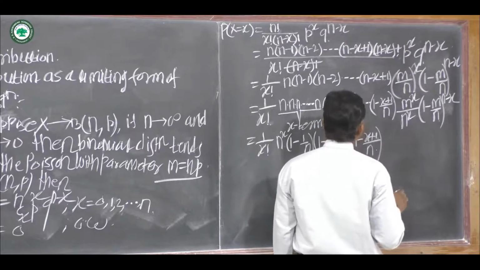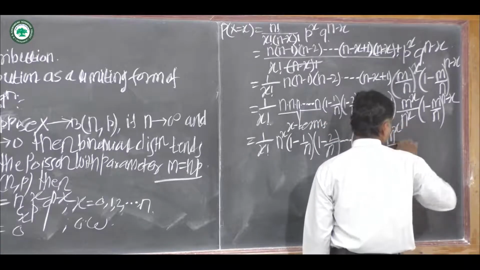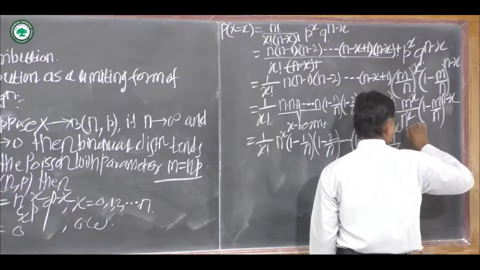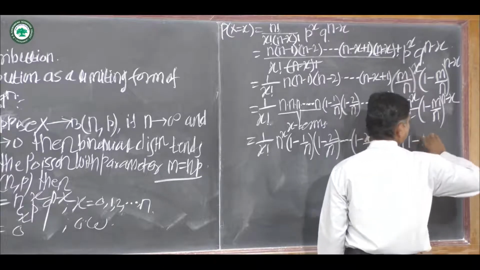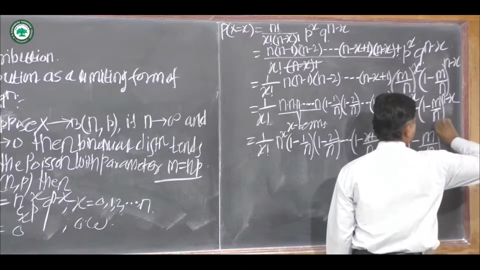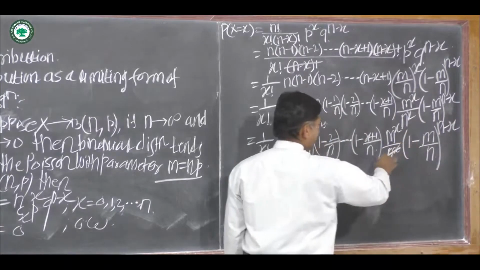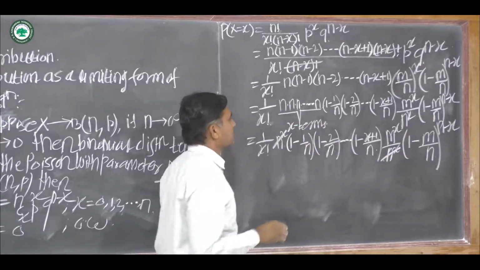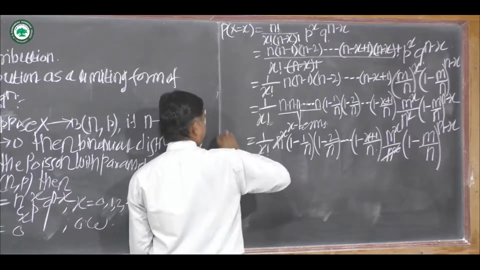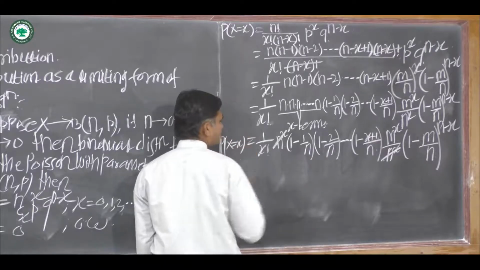Now this m raised to x upon n raised to x into (1 minus m upon n) raised to n minus x. Now this n raised to x gets cancelled. This is the probability of X equal to small x.